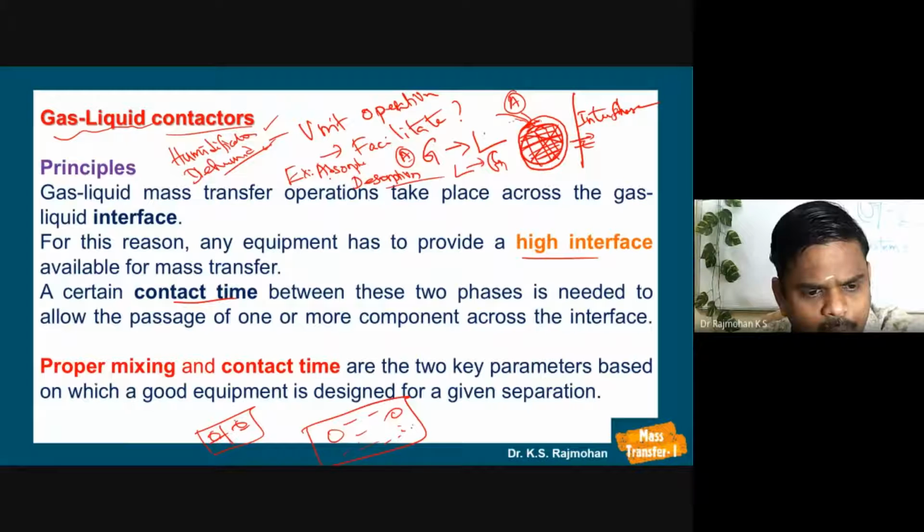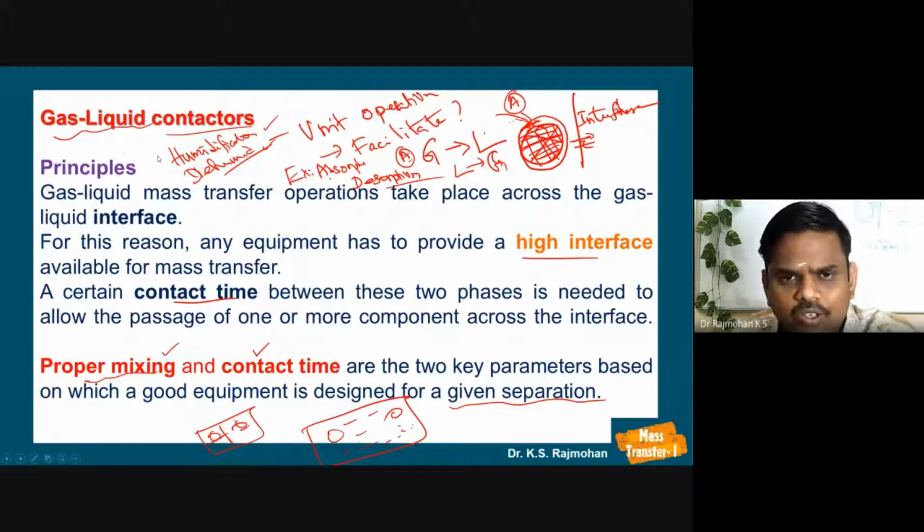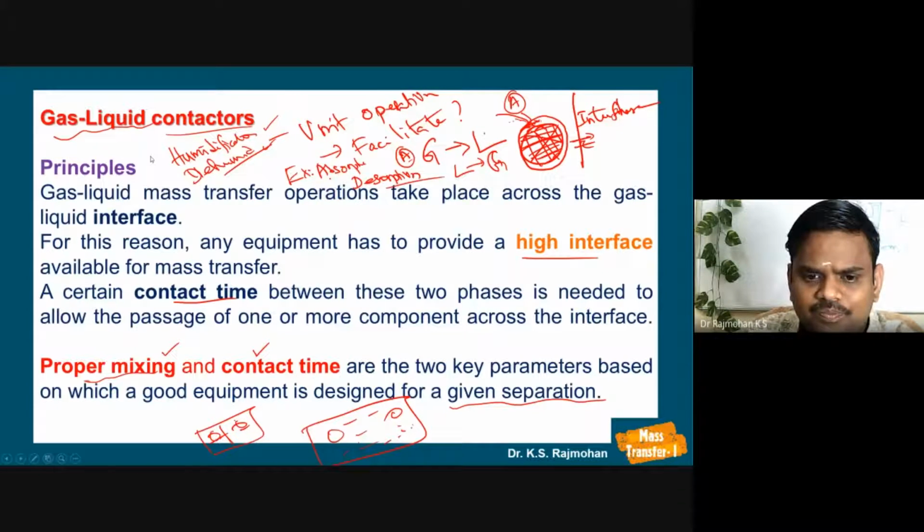So proper mixing is another key parameter for a good equipment for a desired separation. For a desired separation, proper mixing and contact time will make our design a good one. These are the two key parameters we have to consider when designing any gas liquid contactors.